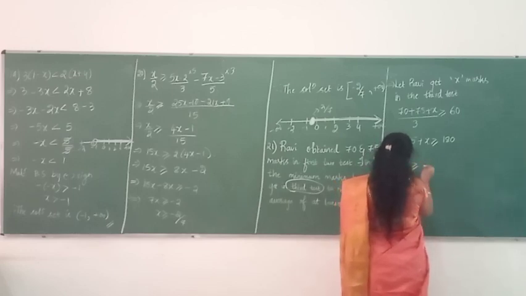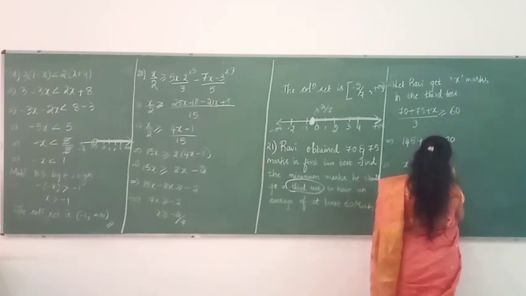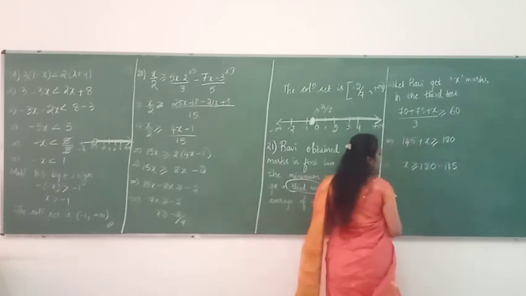Keep variables one side and numericals, you just send it to RHS, so it will be 180 minus 145.